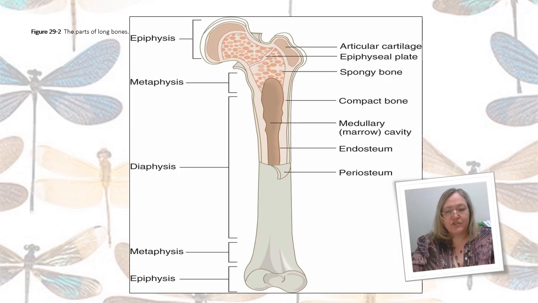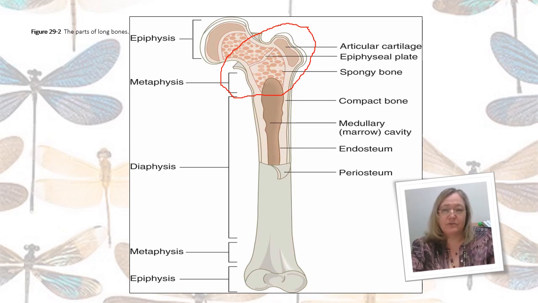One key thing that you're going to want to take note of for pediatric differences is the epiphyseal plate. If the epiphyseal plate remains open, then the bone continues to grow, and it stops growing when it gets chemical signals from the brain that the child is entering puberty, and then that epiphyseal plate will close.